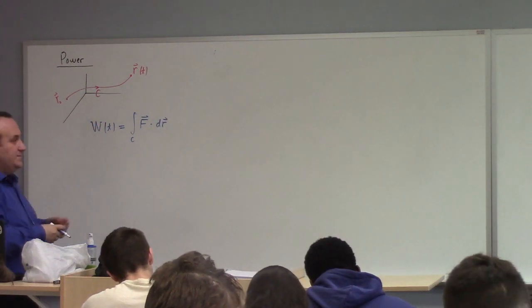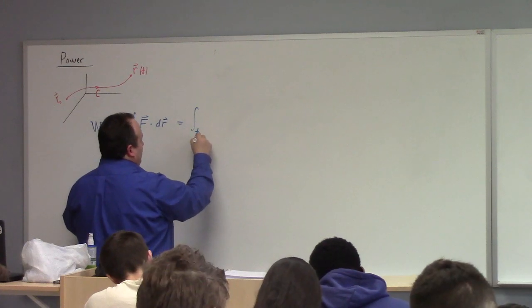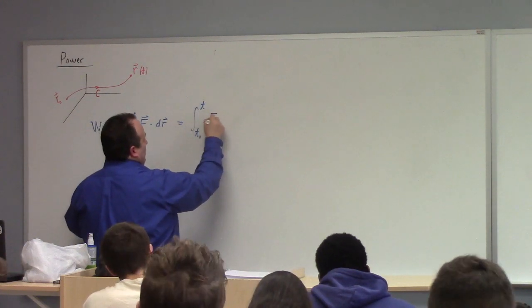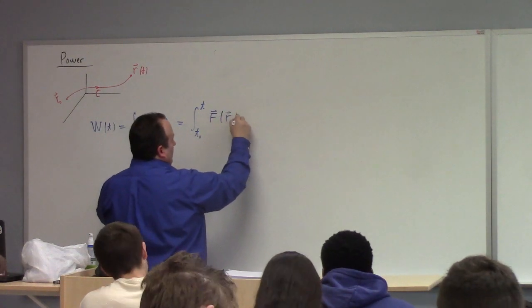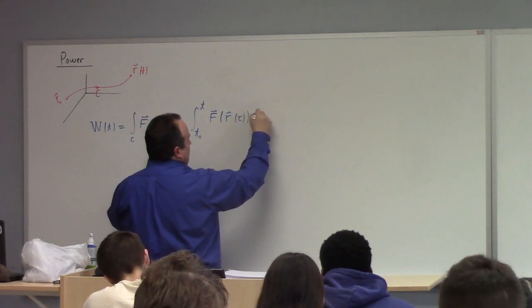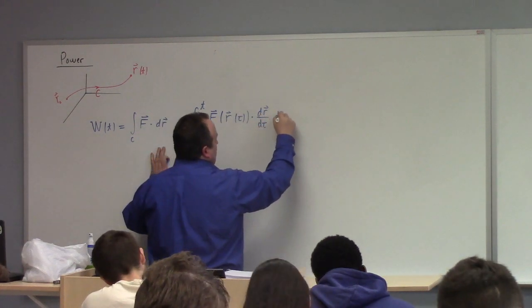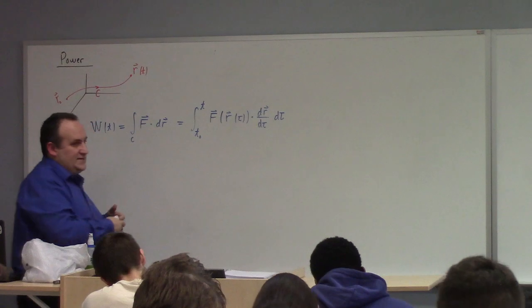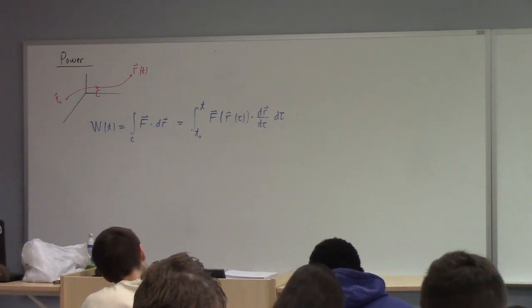Now, specifically, that works out to the integral, say, from t naught to t of, I'm going to use the variable tau here as a dummy variable of integration, F of r of tau dot dr d tau d tau. So I'm using tau to distinguish from t because t is the fixed but arbitrary time that our trajectory ends on.